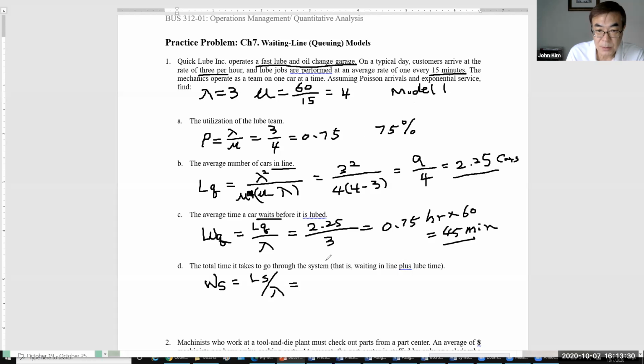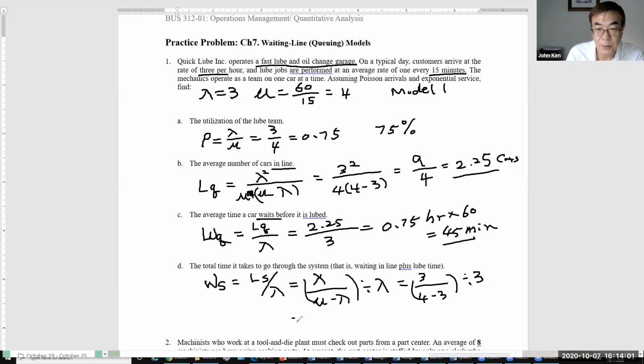So LS is lambda over (mu minus lambda), divided by lambda, equals 3 divided by (4 minus 3), divided by 3.